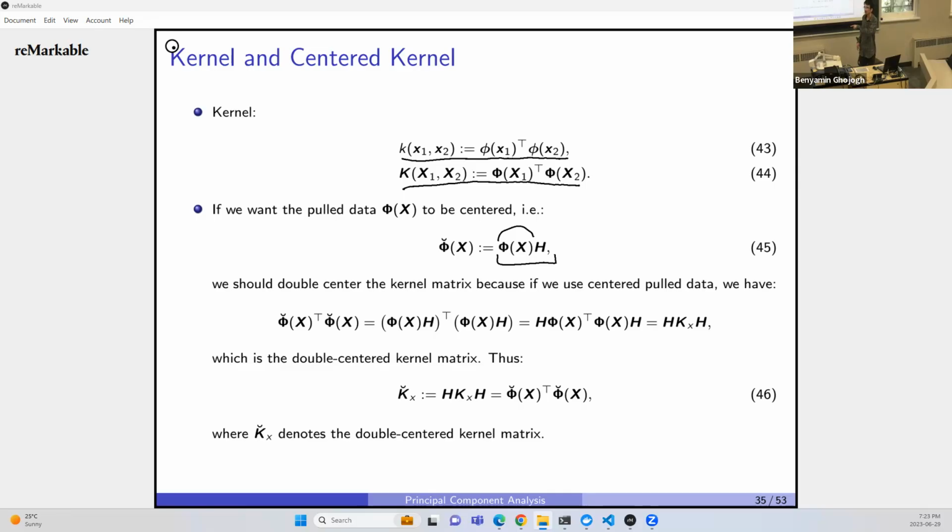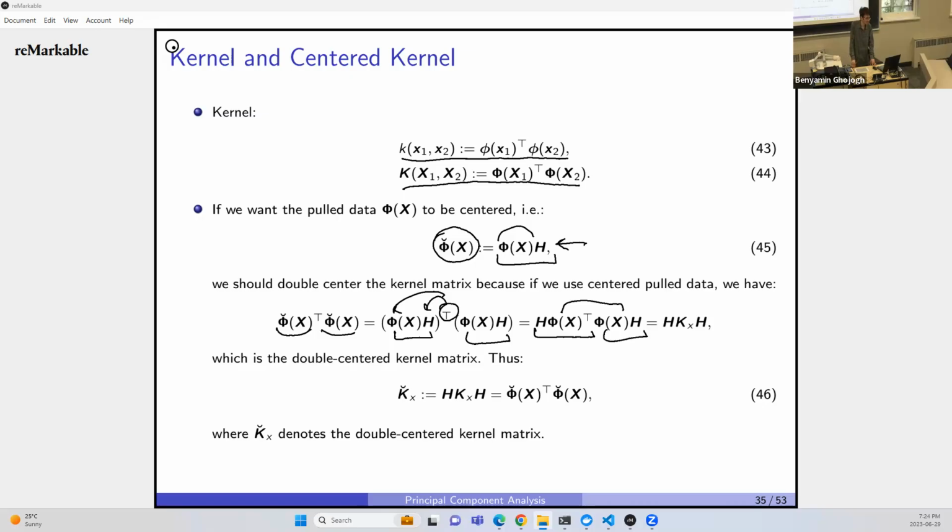If you say H phi of X, it removes the mean of rows. Phi of X H removes the mean of columns. I denote it by phi of X back hat, phi back hat, okay? The centered data in the feature space. Then phi back hat transpose phi back hat, I replace it with the definition here. So I applied the transpose to the parentheses inside, so it changes the order. What is this? Phi transpose phi.